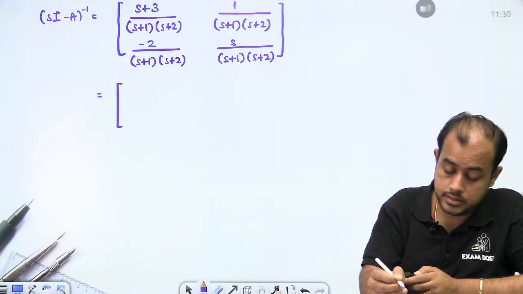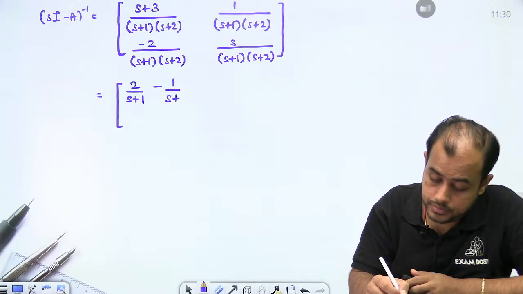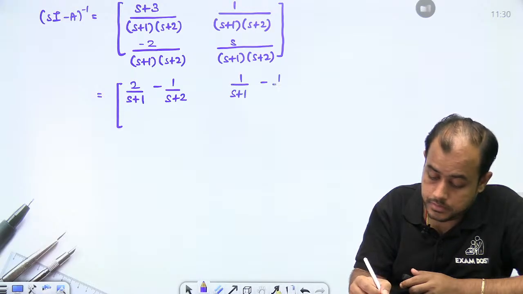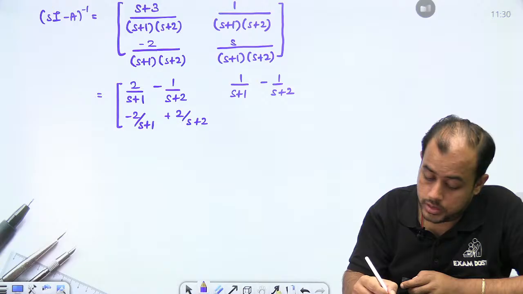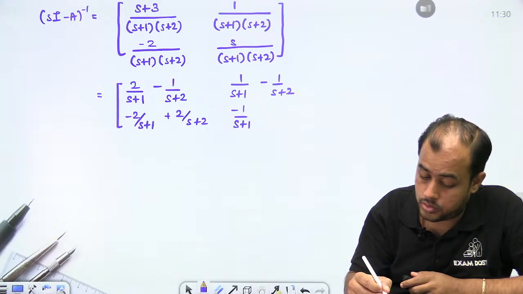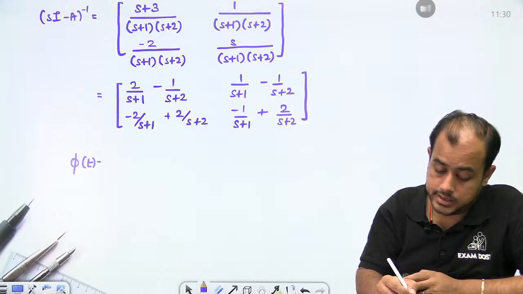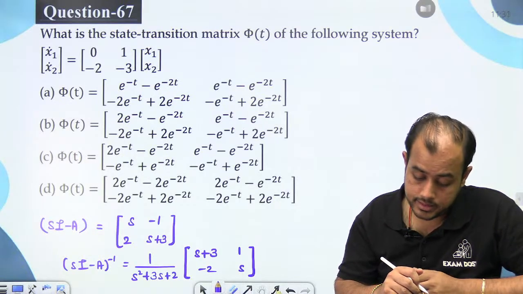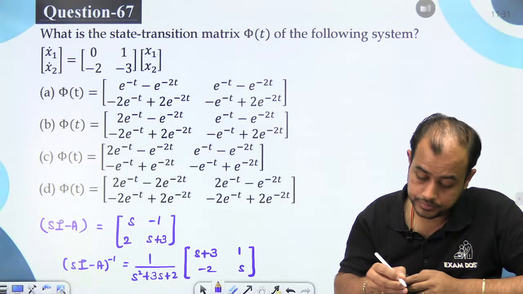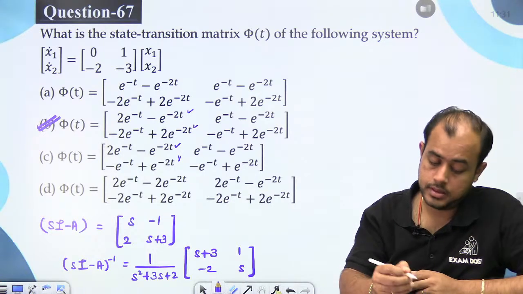Now partial fraction. -1, -2. -1 डालोगे और -2 डालोगे, तो based on this you can take Laplace inverse. (2e to the power minus t minus e to the power minus 2t). -2 plus 2 to b. We have to check the elements.